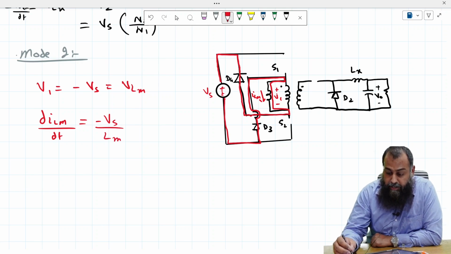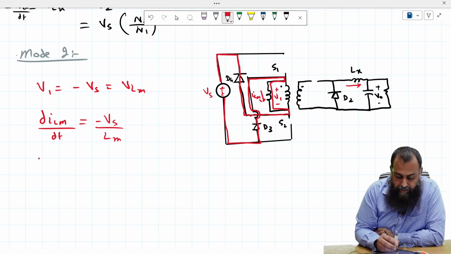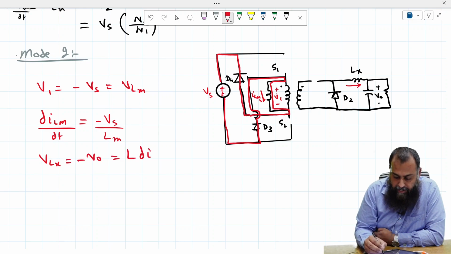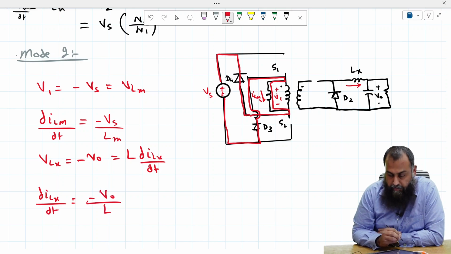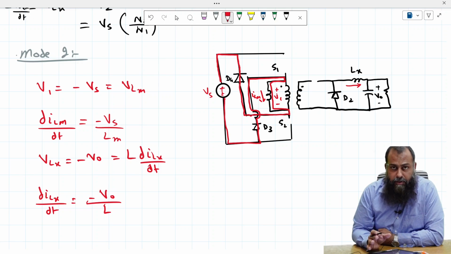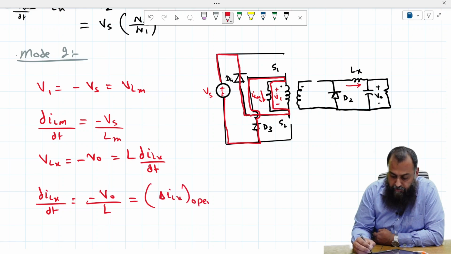On the other side, the current which was flowing through this Lx shall have its path freewheeling through the diode D2, and therefore if we apply the voltage here, then VLX is equal to minus V naught, and that is equal to L dILX/dt. This gives me that dILX/dt is equal to minus V naught over L. So we now have enough equations, and by the way, this is equal to delta ILX when the switches are open here.